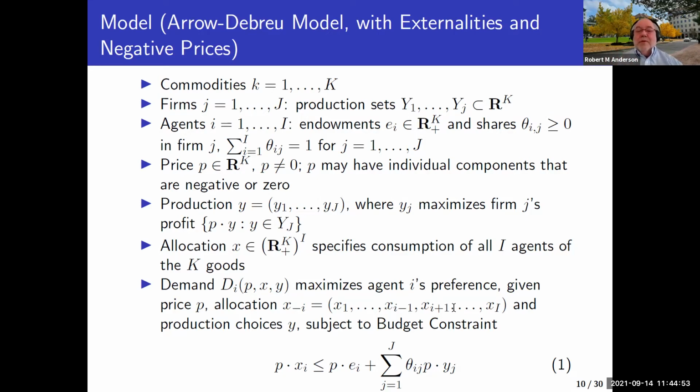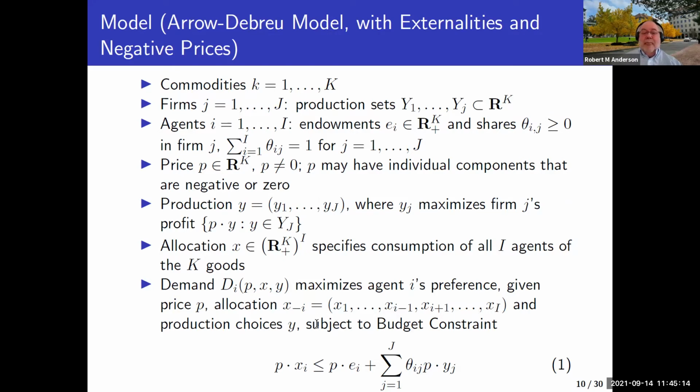Agent I's preference tells you which of his own consumption bundles he likes better and which ones he likes worse. And that doesn't go away, but his preference over his own consumption depends on the consumption of everyone else. That's what this is saying.